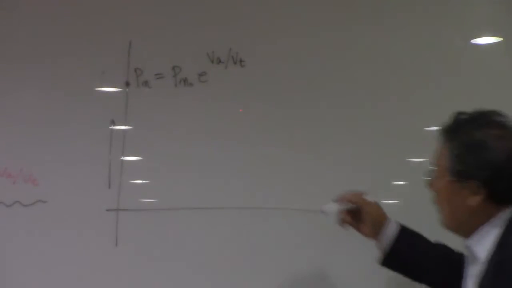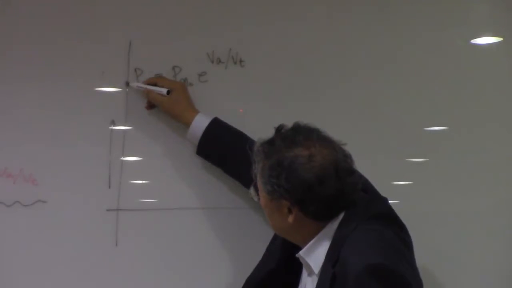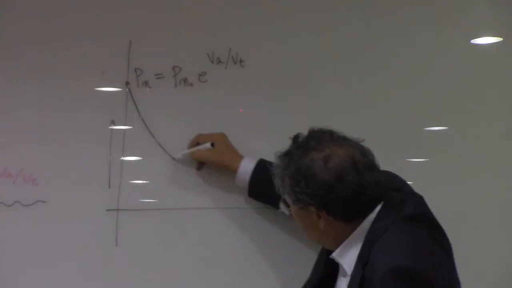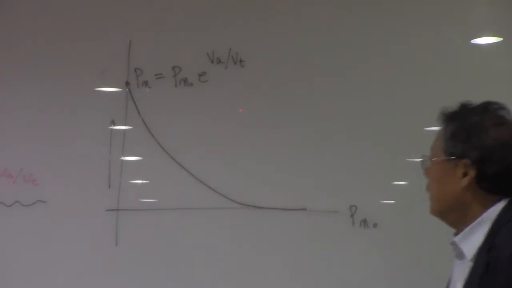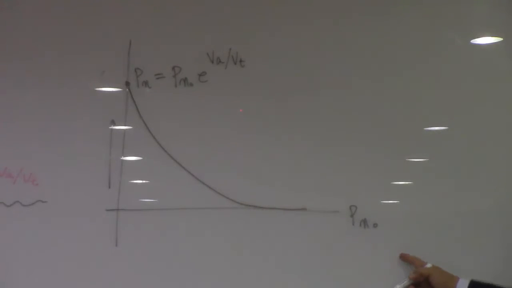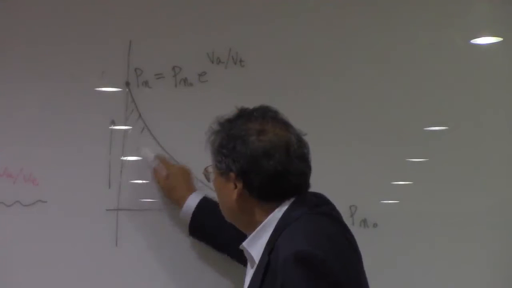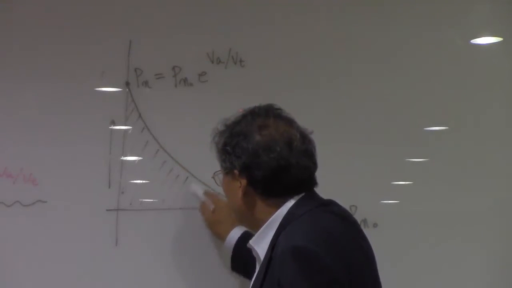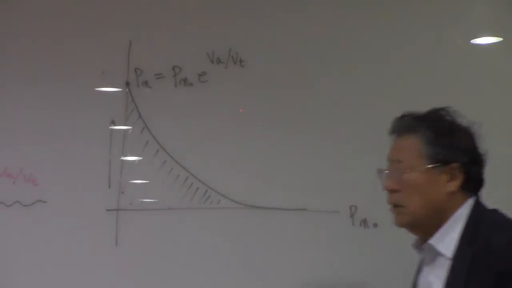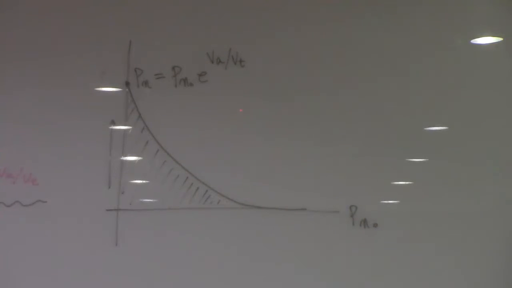Now, somehow this injected minority carrier is going to decrease to get the equilibrium values far away from the junction, right? So we call this the injected charges or injected electrons to the opposite side. All right?